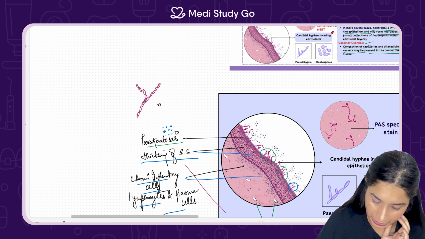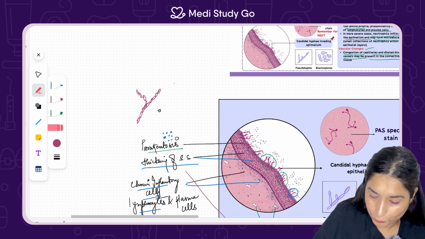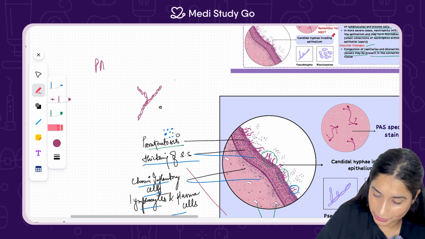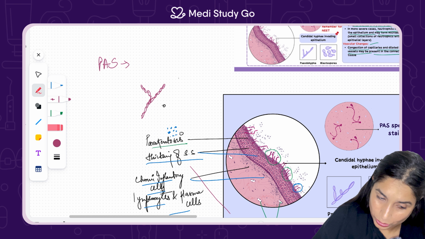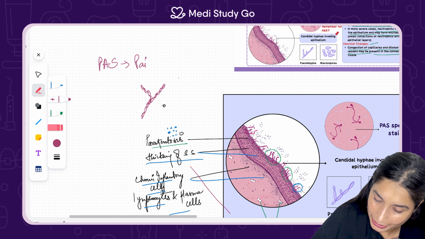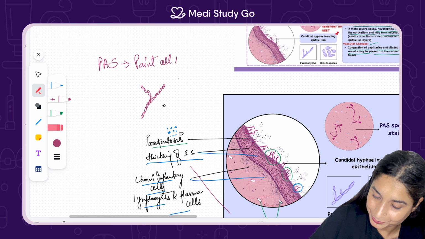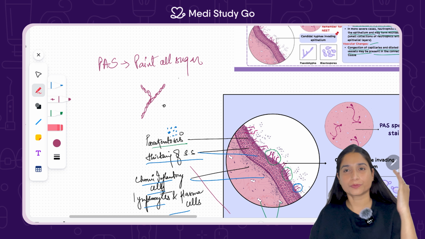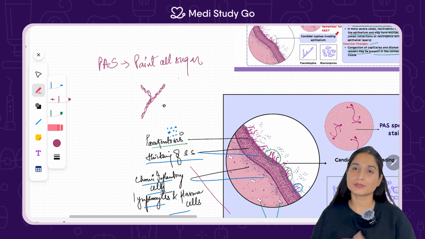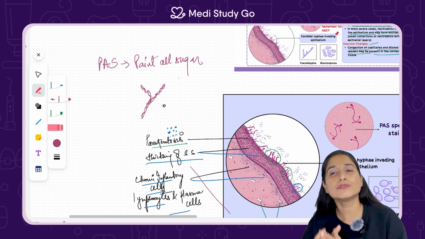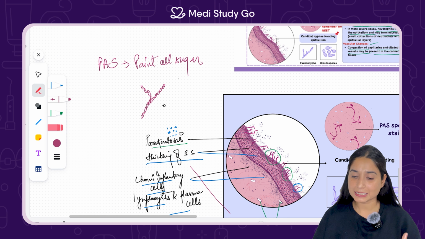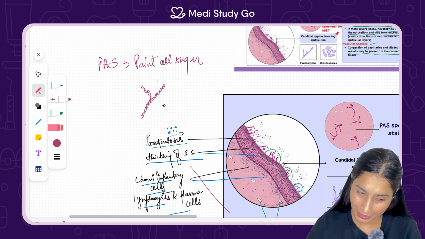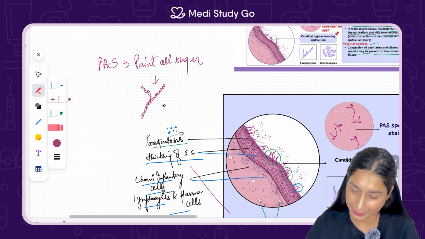There is also a mnemonic for the PAS stain. The PAS stain is of course periodic acid Schiff. Also, the mnemonic is "paint all sugar". That means it paints all the sugar walls, because the fungus wall is made up of carbohydrates, so it paints the whole fungi and gives a magenta color.